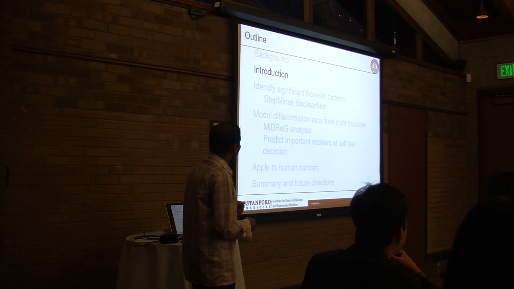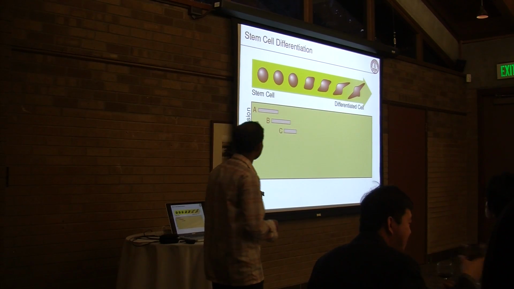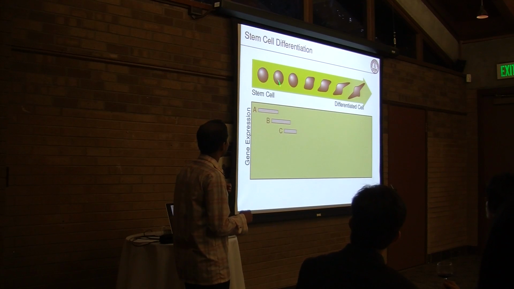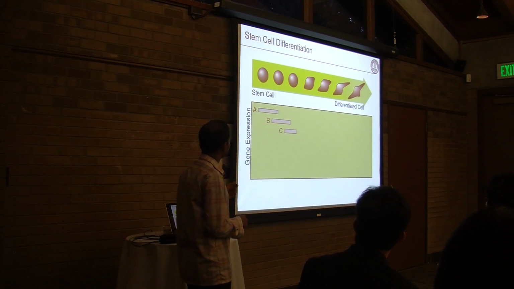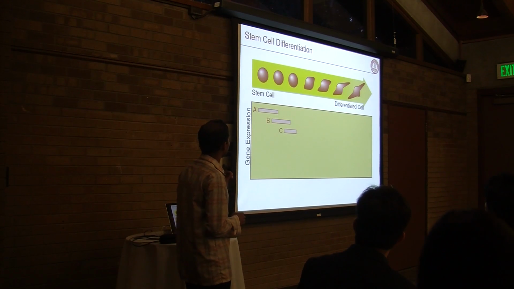Right. Okay, so let's start with stem cell biology. So in very simple terms, what we have is cells, right? These are cells at different stages. There is a cell called a stem cell, and the stem cell has two very crucial properties.